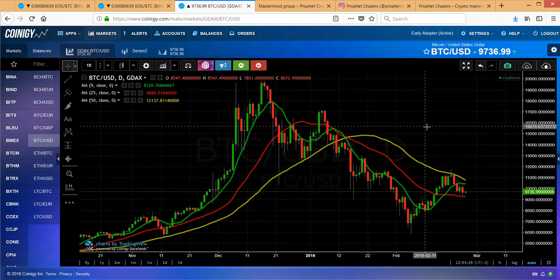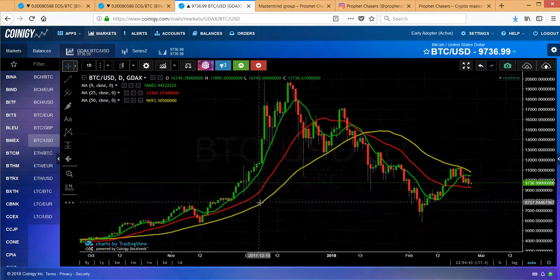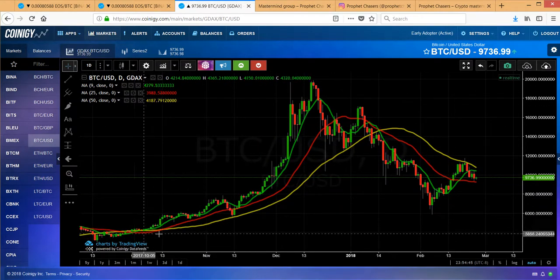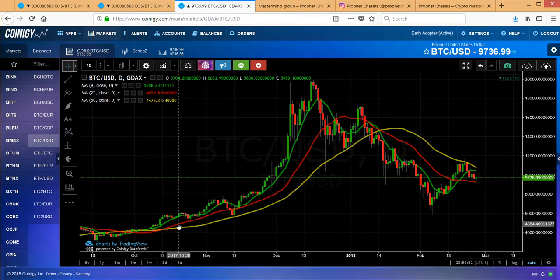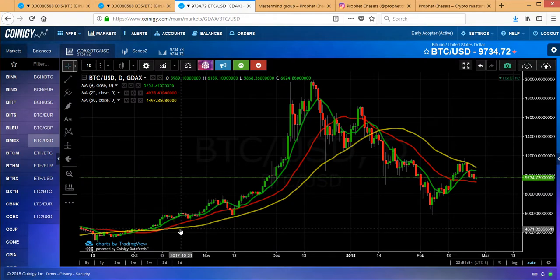This is actually Bitcoin versus the dollar. So what we're looking for is the positions of the moving averages on the chart. We're looking for the crossovers to the positive, right? So for me, green is short, red is mid, and yellow is long term.